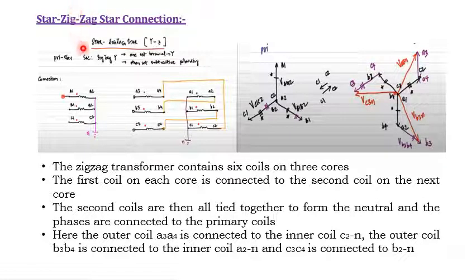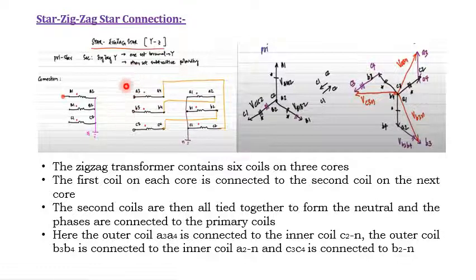Here the primary is star, secondary is zigzag star. In case of zigzag star, again two connections will be considered, that is two sets of terminals. One set of terminals is star connected. Another set of terminals is the subtractive polarity connection. So this zigzag transformer contains 6 coils on 3 cores.